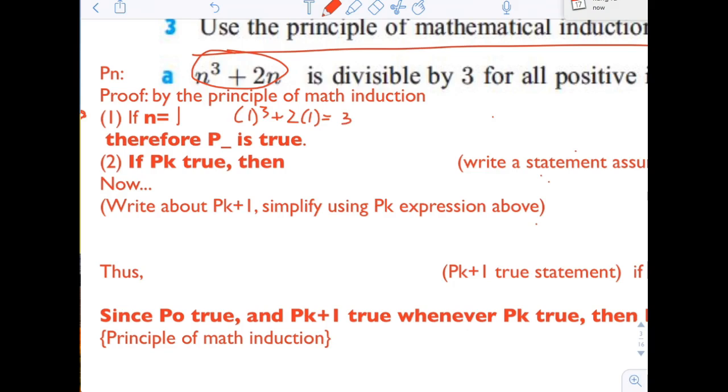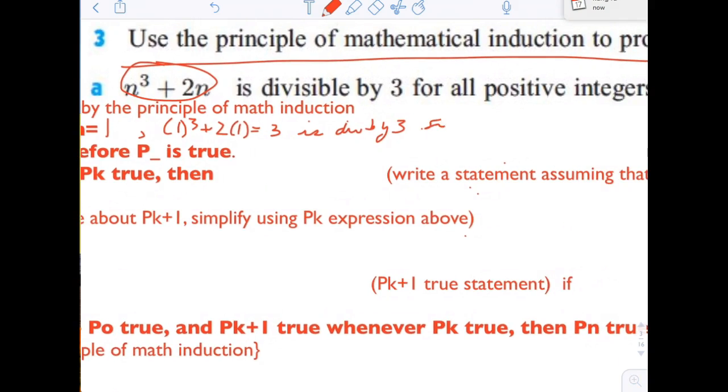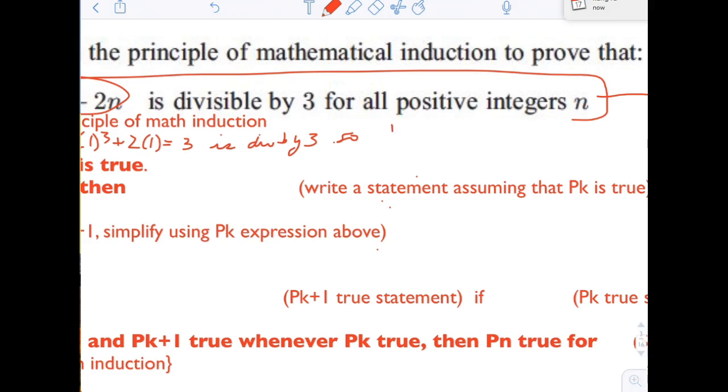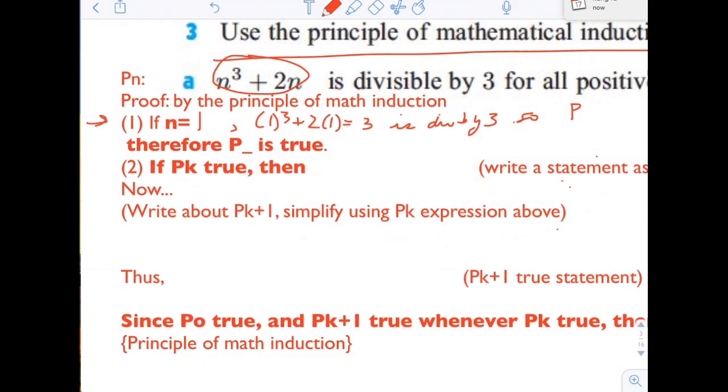And so that is divisible by 3. So, therefore, P subscript 1 is true. Okay? So that was easy, right? Usually the base case is easy.